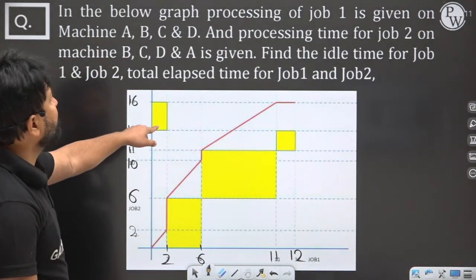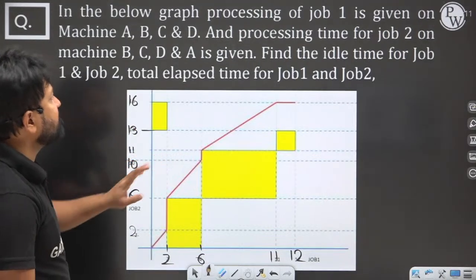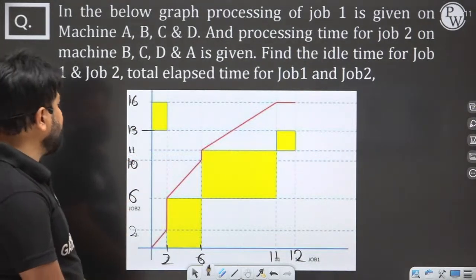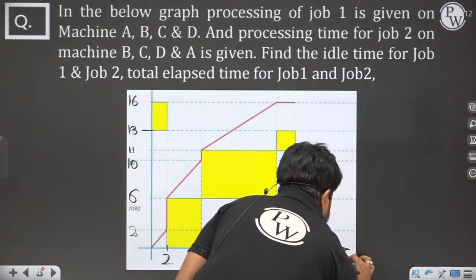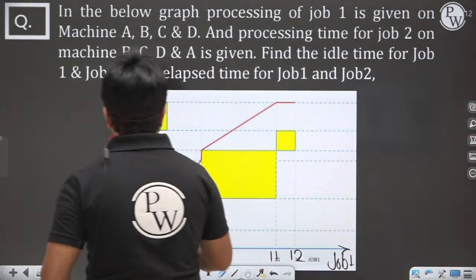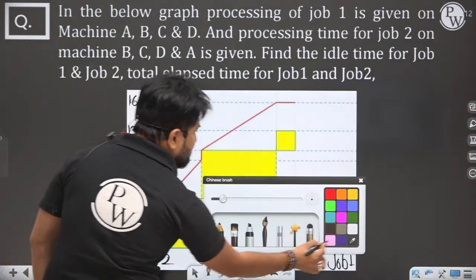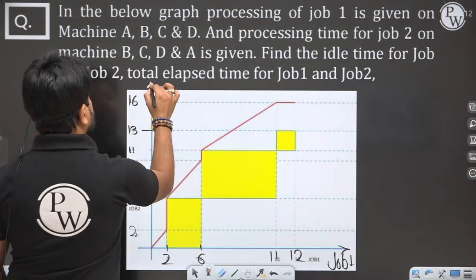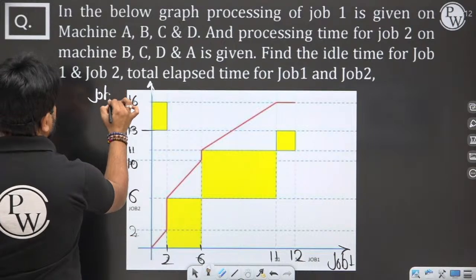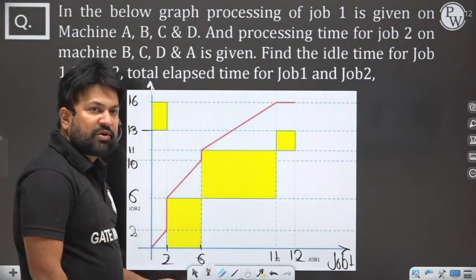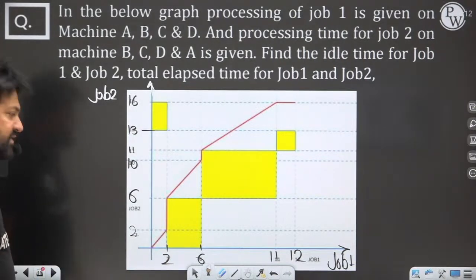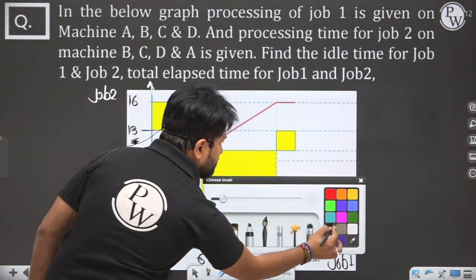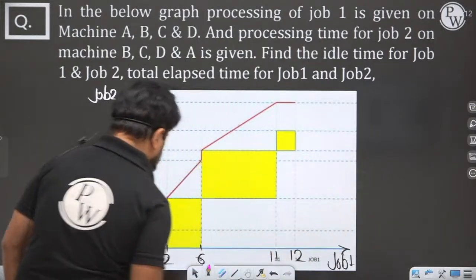In the below graph, the processing of job 1 is given on machines A, B, C and D. Let me write it down.